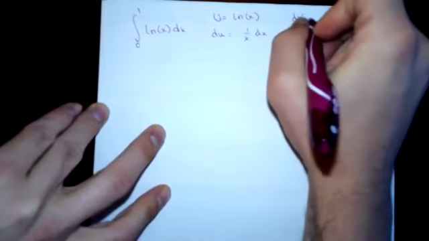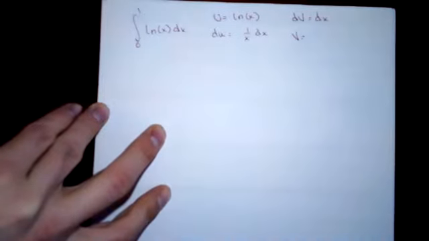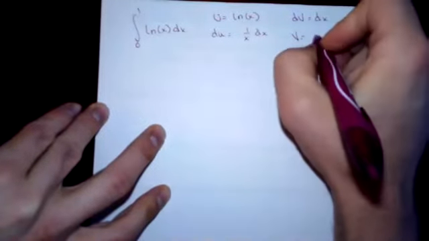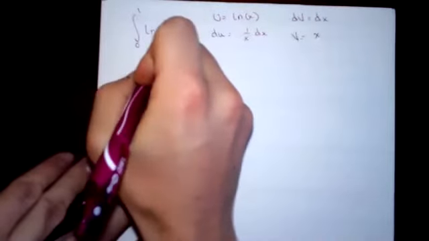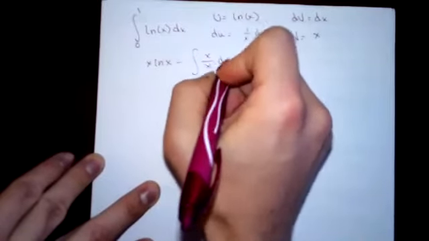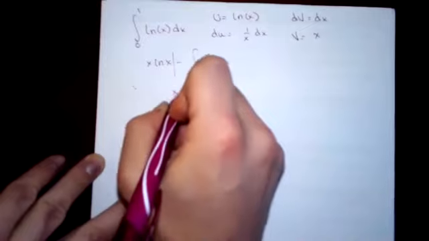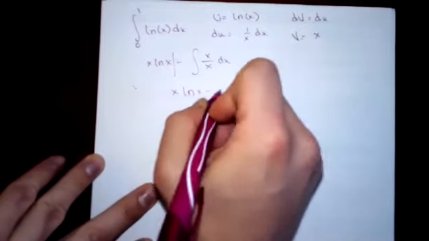Our dv is dx, and our v is then x. So when we integrate, we will get x natural log of x minus the integral of x over x. And of course, we still need to plug in our bounds. And so we get x natural log of x minus x.